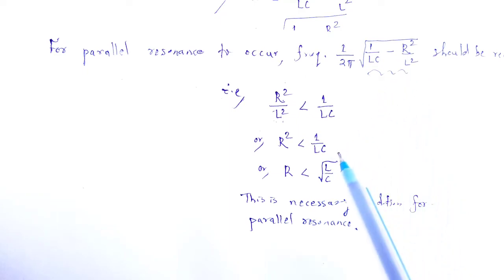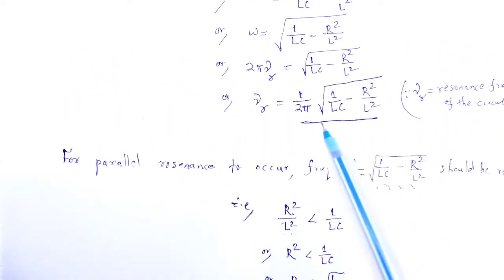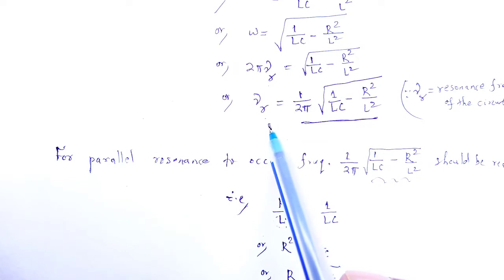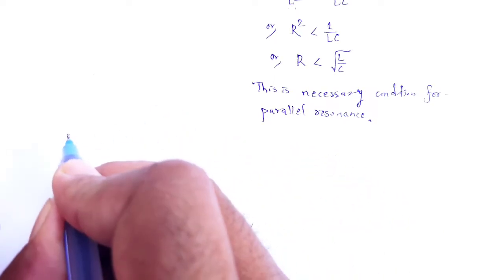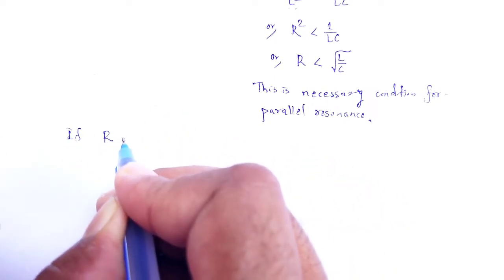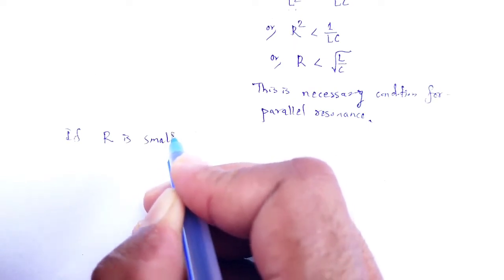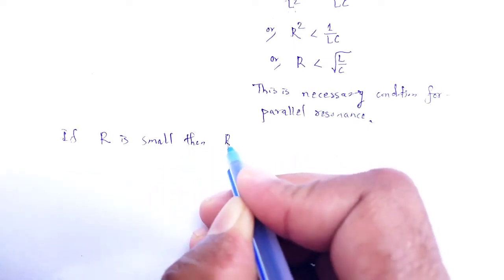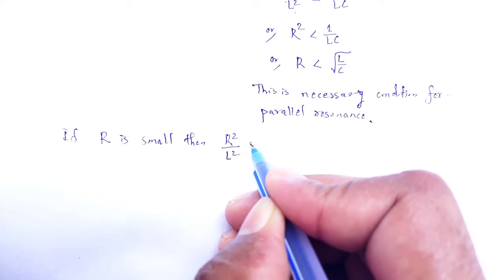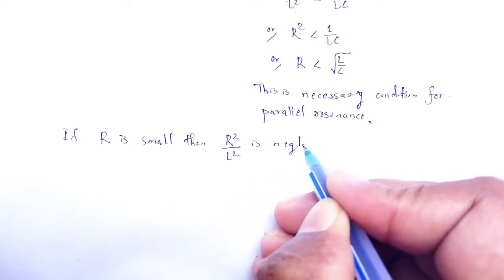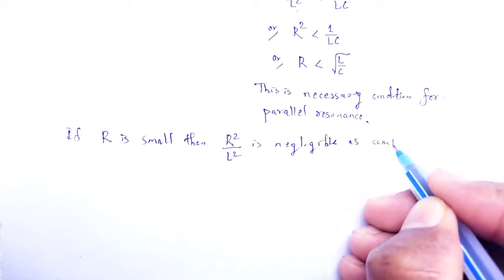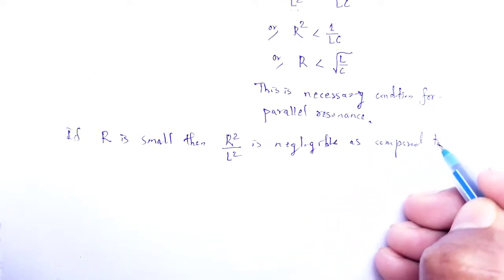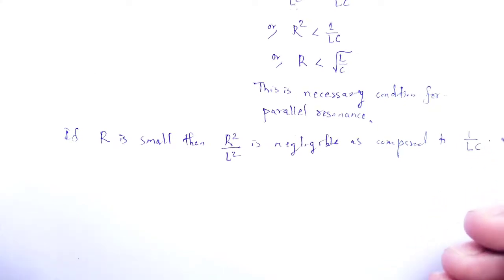Hence in case of resonance frequency, neglecting that term, if R is small, then R square by L square is negligible as compared to 1 by LC.